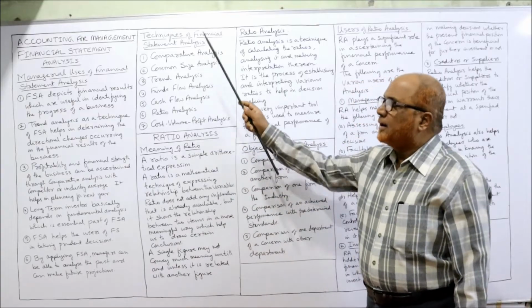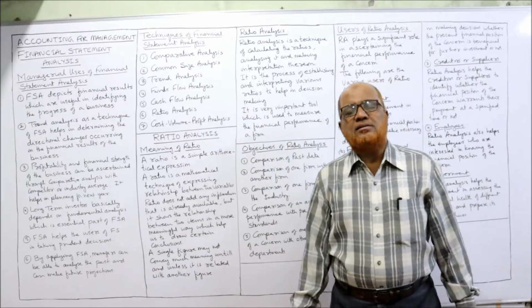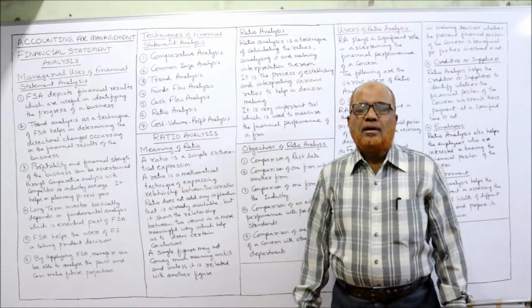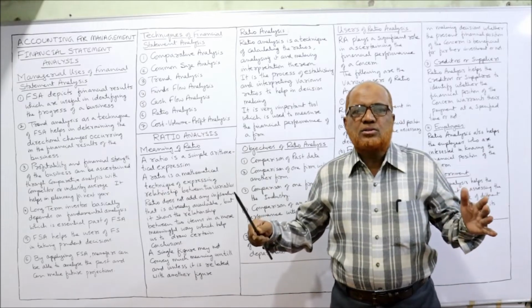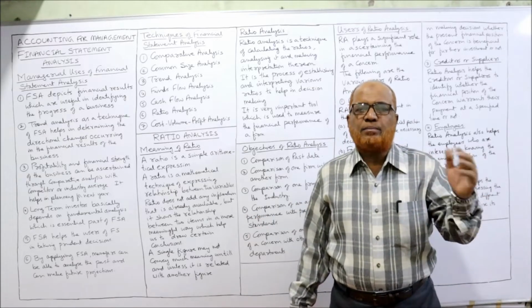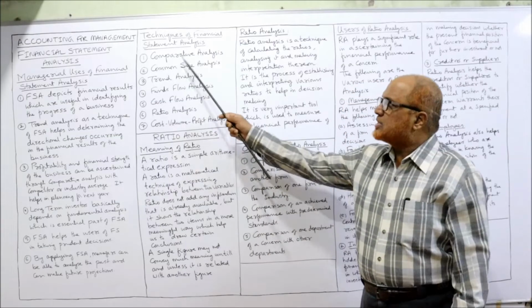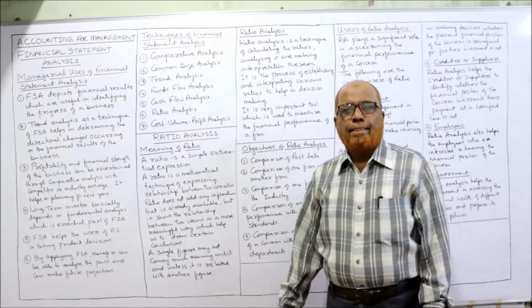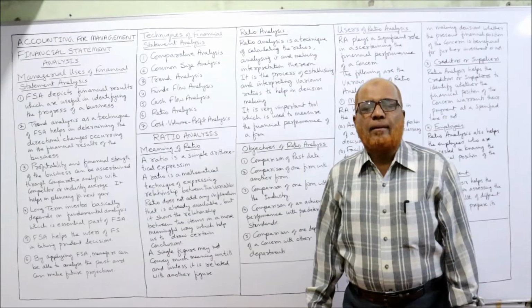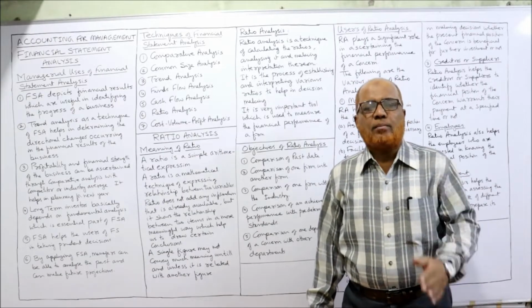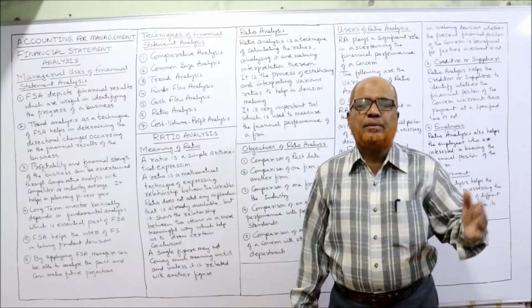Next topic is techniques of financial statement analysis. See here, there are many techniques of analyzing the financial statements. A few important techniques are, first one, comparative analysis. In comparative analysis, we compare the performance of one period with another period.